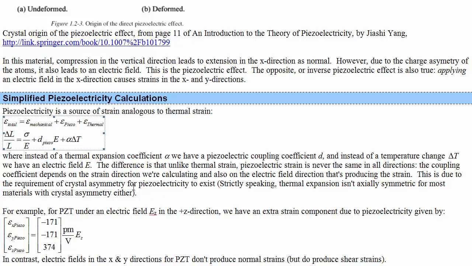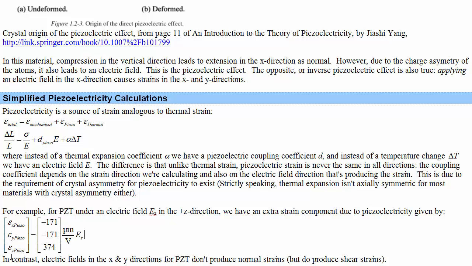Okay, so the difference is that the electric field can cause different strains in different directions. So maybe the electric field in the Z direction, like in PZT, for example, here's the numbers for PZT. Electric field in the Z direction causes a negative strain in X and Y, and a different positive strain in the Z direction. If you apply an electric field in the negative Z direction rather than the positive Z direction, then it would cause the opposite strains there.